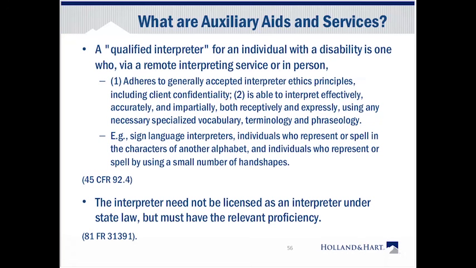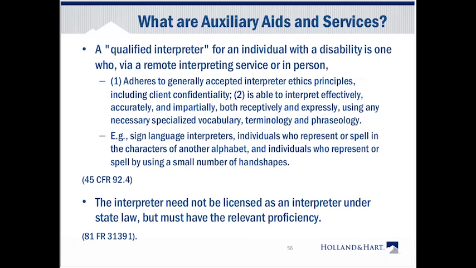This is all going to look familiar to you because it's the same definition that was in the LEP section. It's a little bit different because actually the rule has two different definitions, but it's very similar.